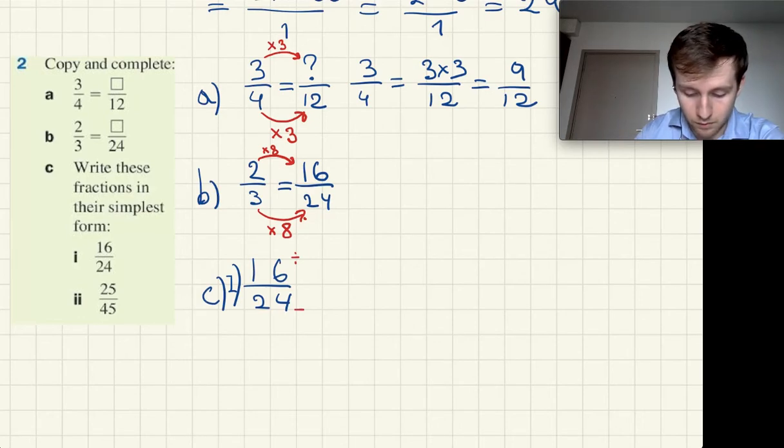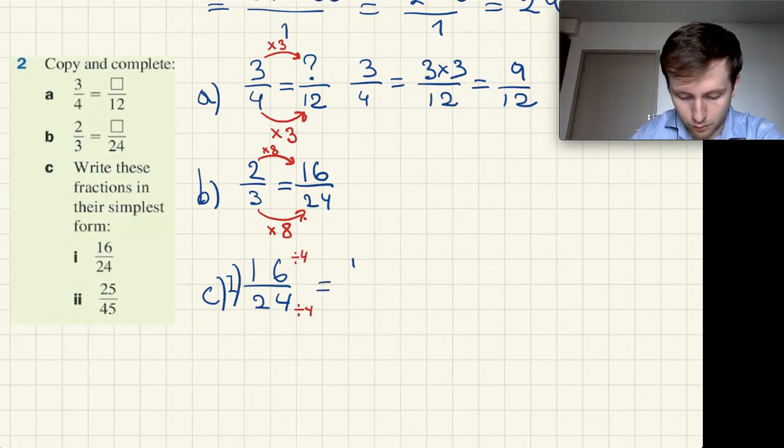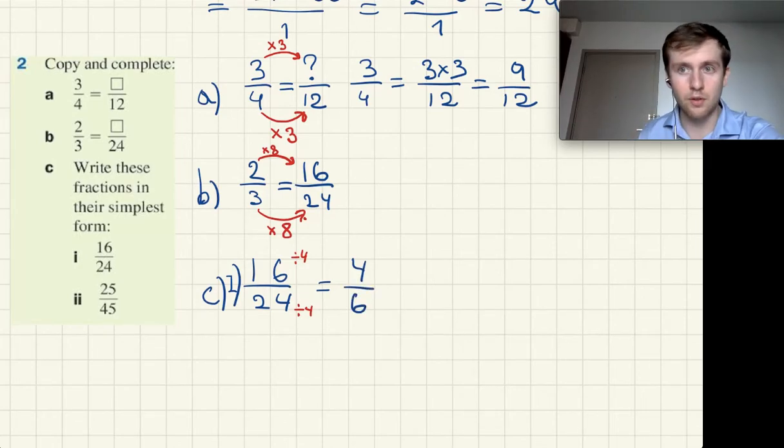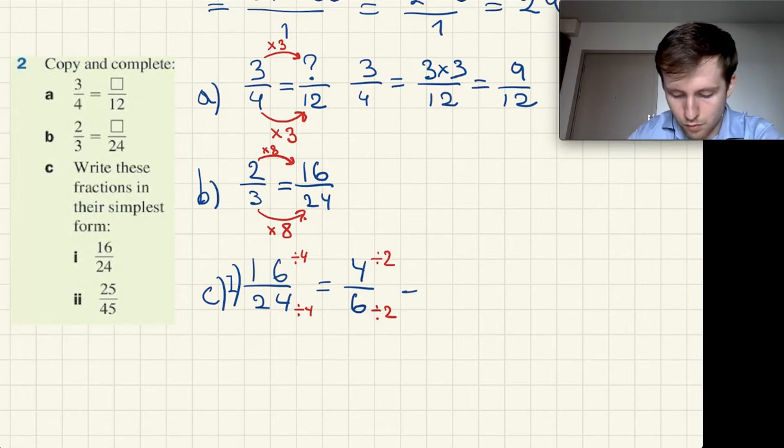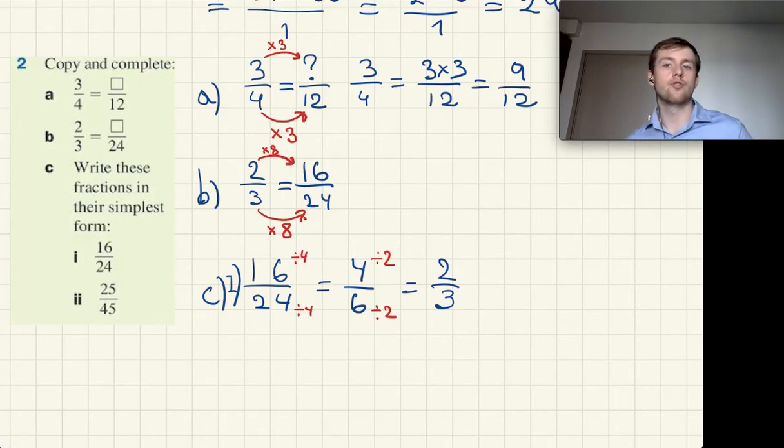Well, they both can be divided by 4, and that will give us 4 over 6. But this is not the end, because 4 and 6 can both be divided by 2. And now we get 2/3. And finally, this is the simplest form.